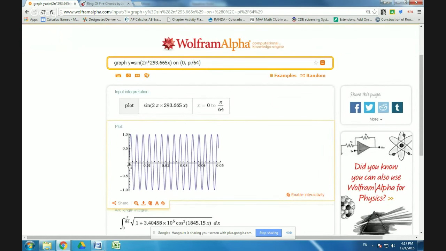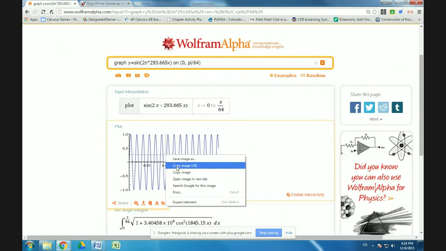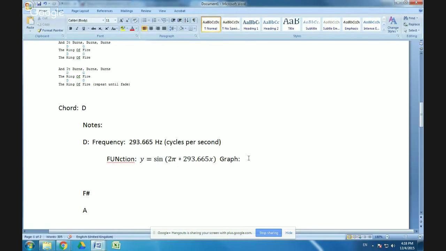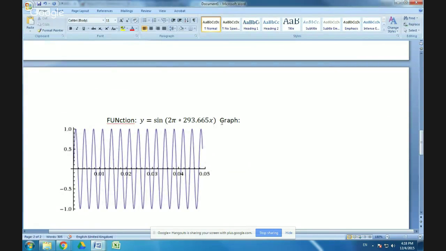And remember, there are 1, 2, 3, 4, 5, 6, 7, 8, 9, 10, 11, 12, 13, almost 14 cycles in 0.05 seconds. So these sound waves are moving. This image I can just copy and paste.